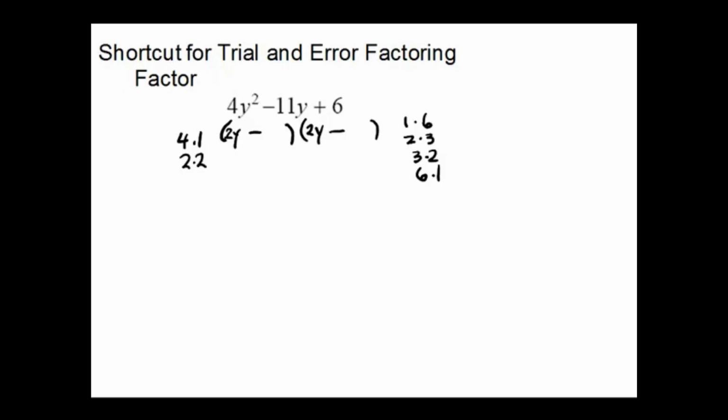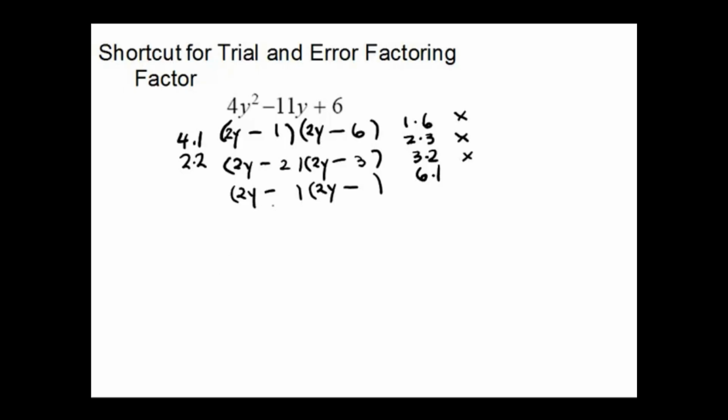For the first choice, the 1 and 6, that would put a 6 in the second parentheses with the 2. So it's not going to work. The second choice would put a 2 in with the 2y. So it's not going to work. The third choice would put a 2 in the second set of parentheses with the 2y.